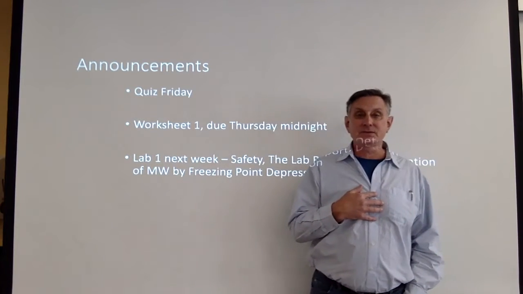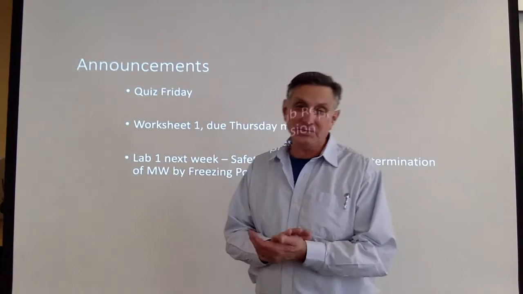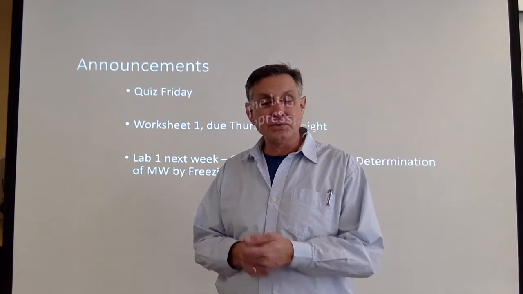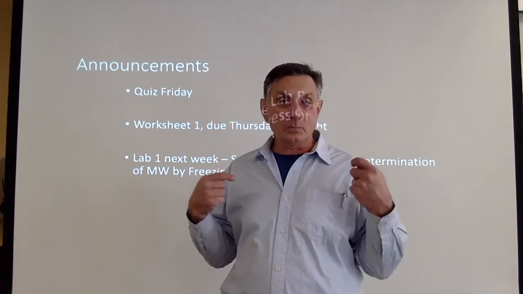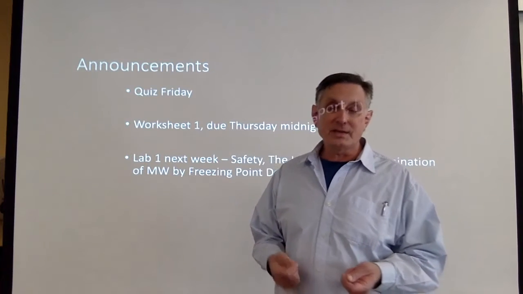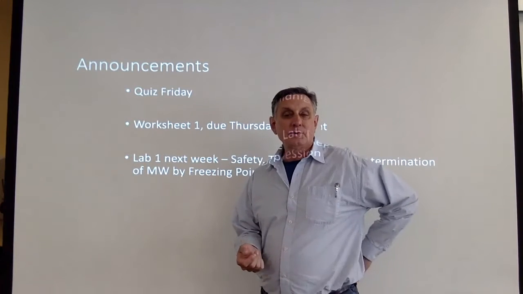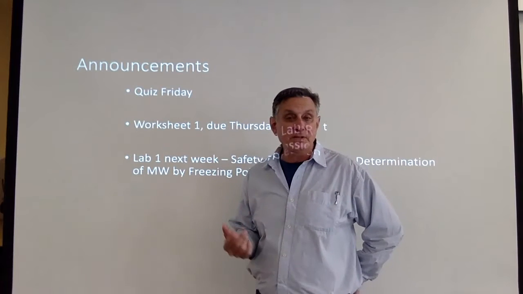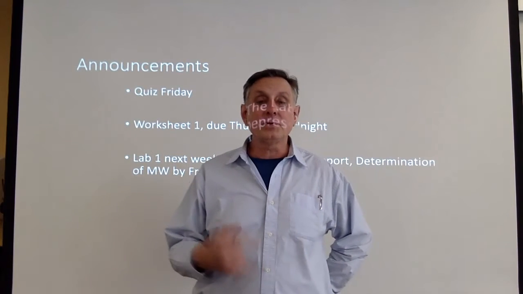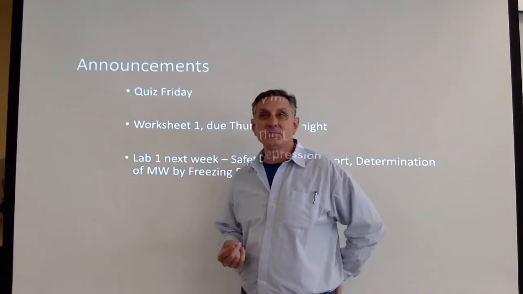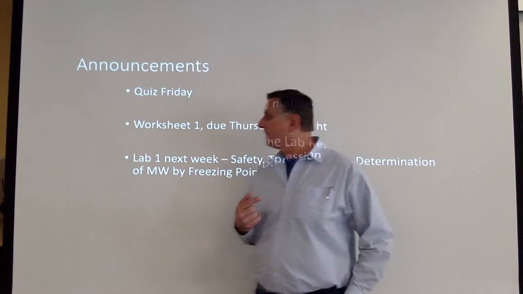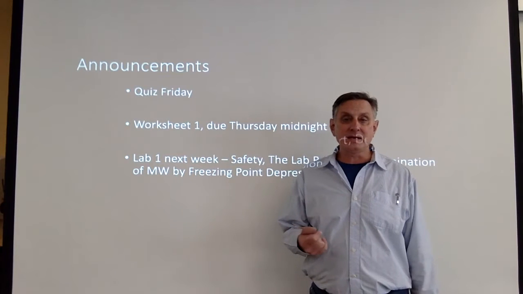Worksheet 1 is on Moodle as an assignment. What you need to do is download that worksheet and work it through, and then either take a photo of it with your phone and upload it to Moodle as a PDF, or you can scan it and upload it as a PDF. There are several ways to convert documents into a PDF.